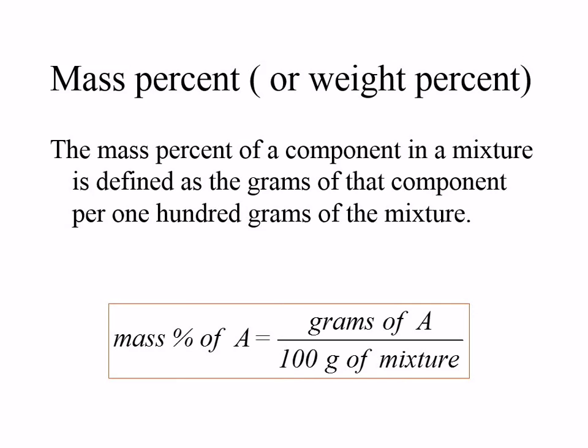Whenever you came up with a weight percent, we can unpack, what I call unpack. By definition, what that weight percent means is the grams of component in 100 grams of your mixture.